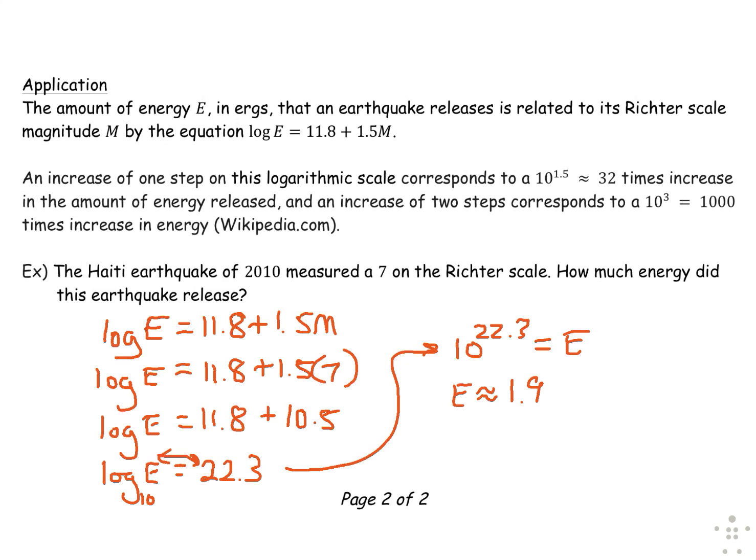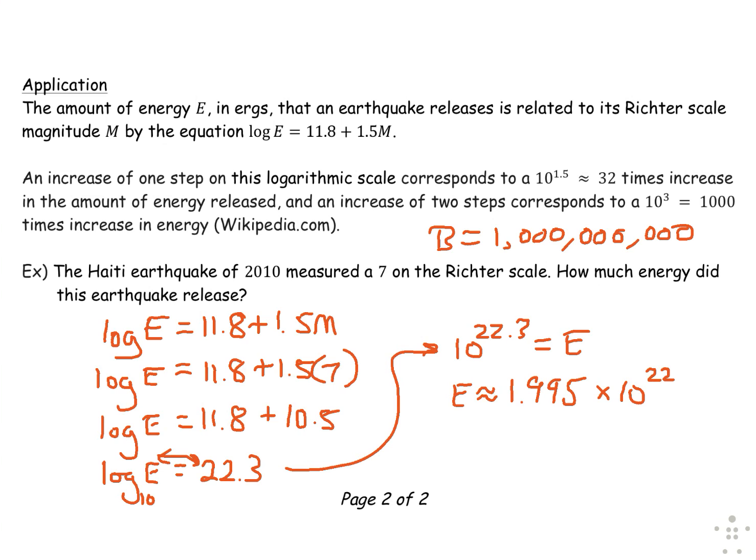1.995 times 10 to the 22nd power, approximately. And let's put this into perspective. A billion is a 1 with 9 zeros after it.